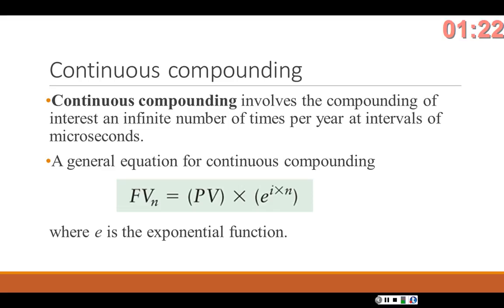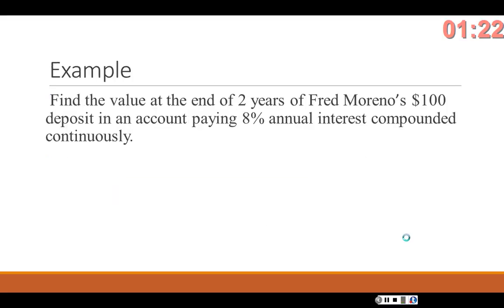So here we have no buttons on our calculator that will make this work either. So if Fred deposited this $100 for 2 years at 8%, with continuous compounding, how much would he have?